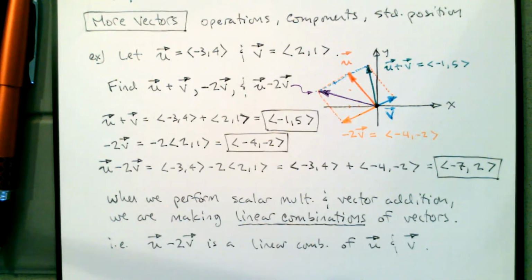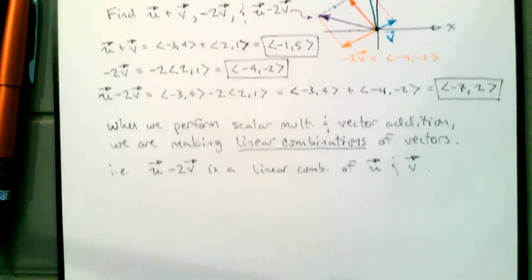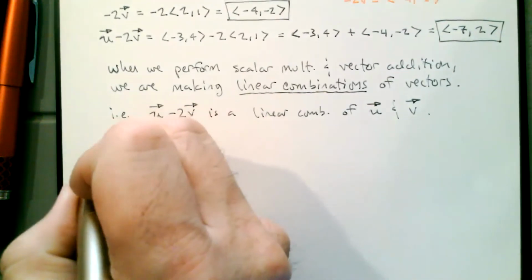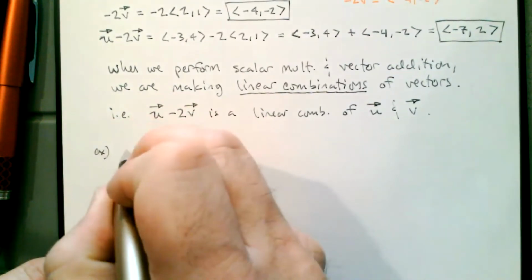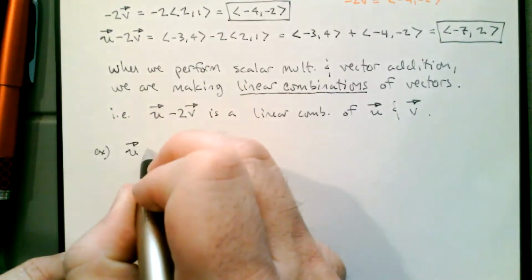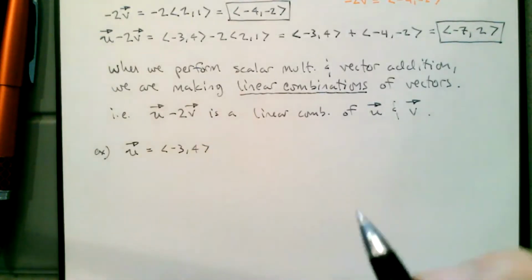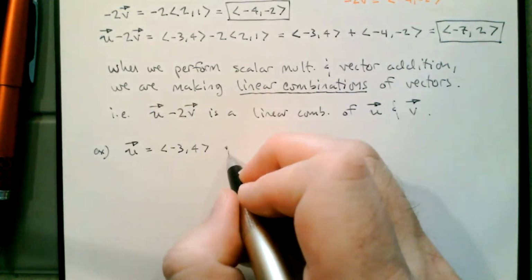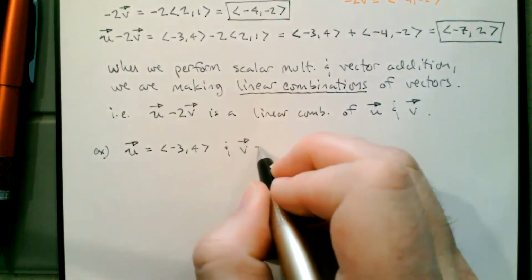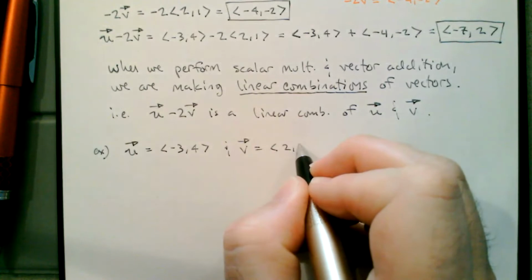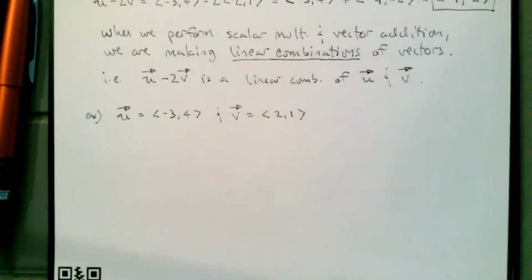All right. Let's talk about components. u is still going to be negative 3, 4, and v will still be the vector 2, 1. So these are the components of the vectors.